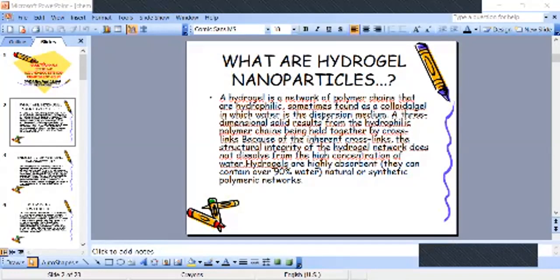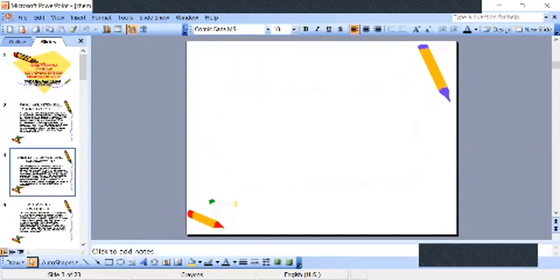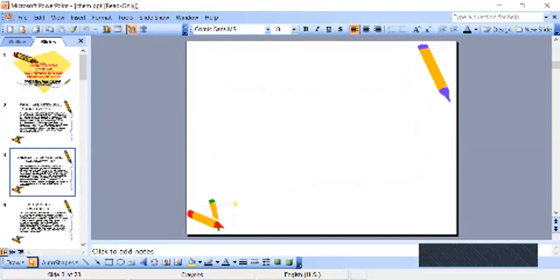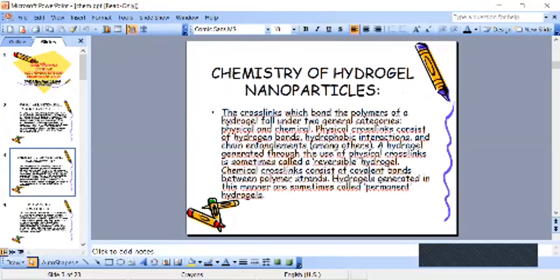The second thing which we are going to discuss is the chemistry of hydrogel nanoparticles. The crosslinks which bond the polymers of a hydrogel fall into two general categories, physical and chemical.